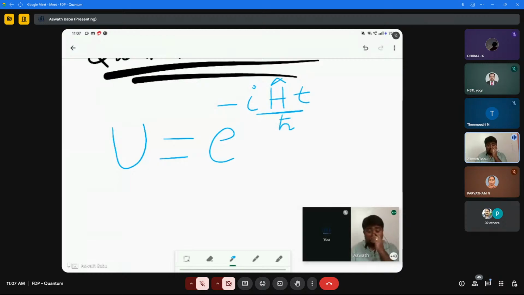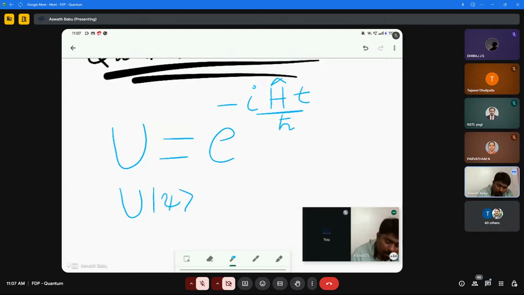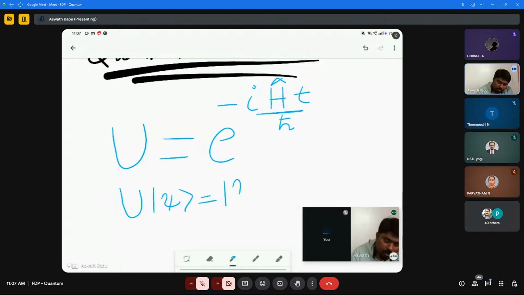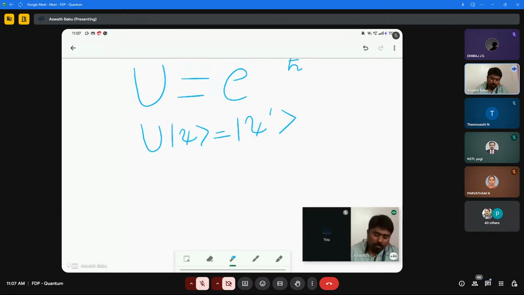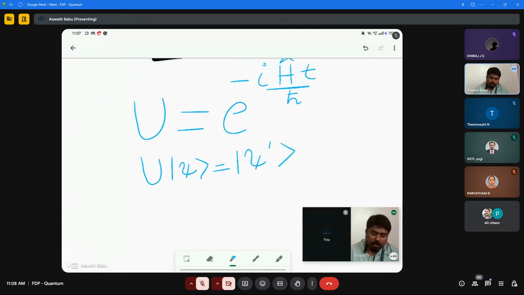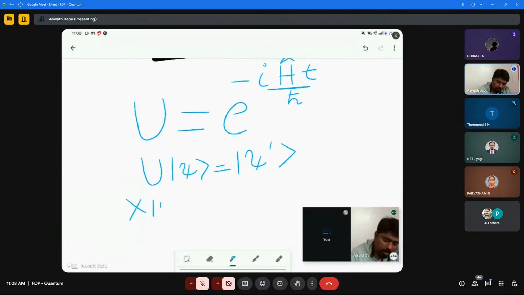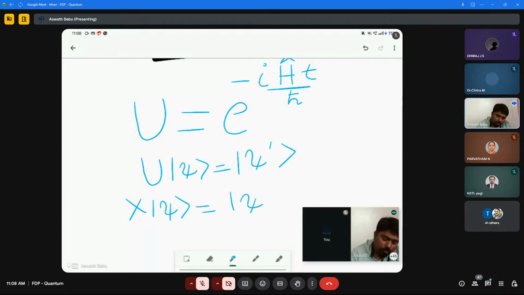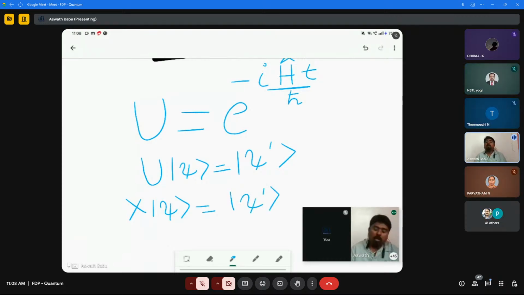So what is this unitary matrix? It is going to act on any quantum state psi and convert that quantum state into some new quantum state psi prime. The example would be an X gate acting on a superposition state, giving me a new superposition state where alpha and beta are interchanged.